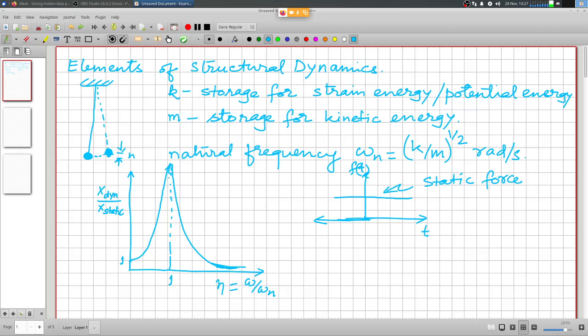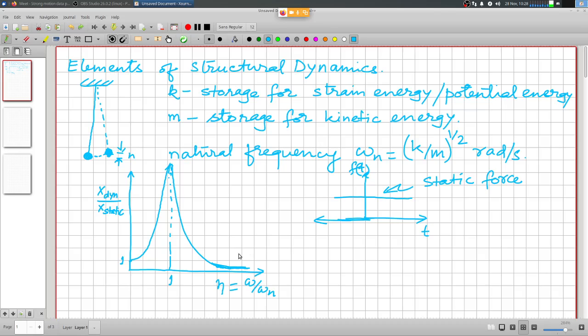If the excitation frequency is very large compared to the natural frequency, then it is possible that the dynamic response would be even less than the static response. So both things are possible. Therefore it is important to characterize the dynamic response before we take it into consideration for our engineering design.